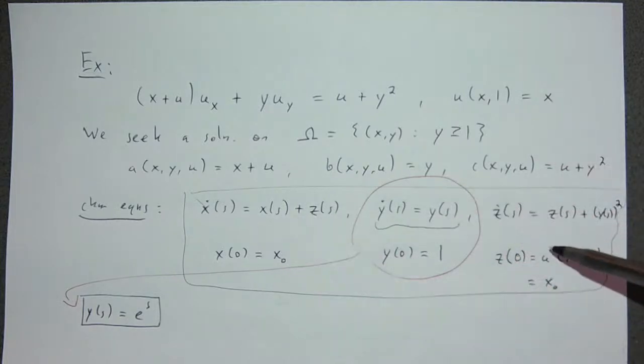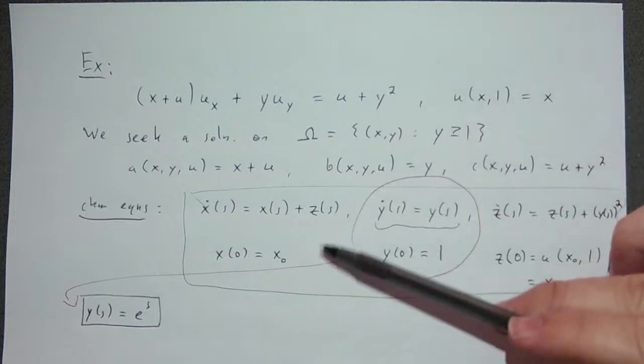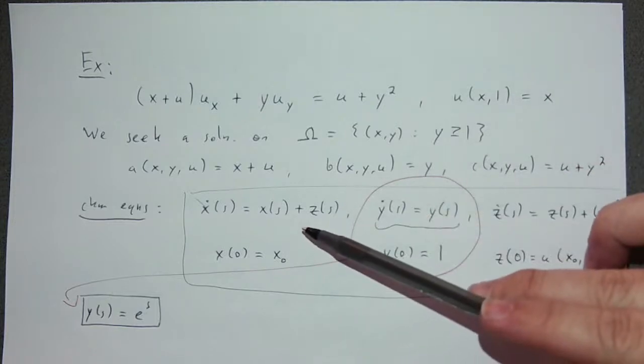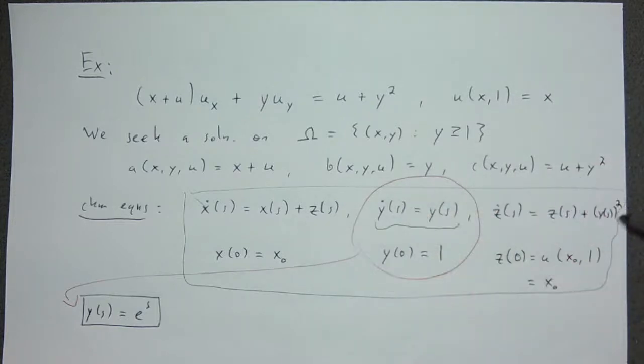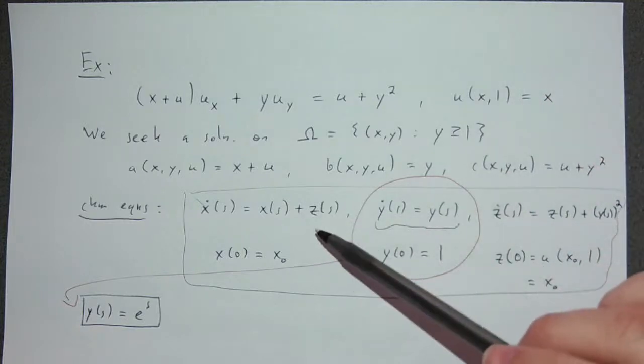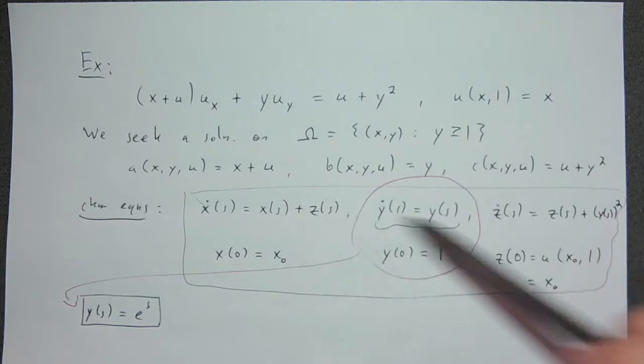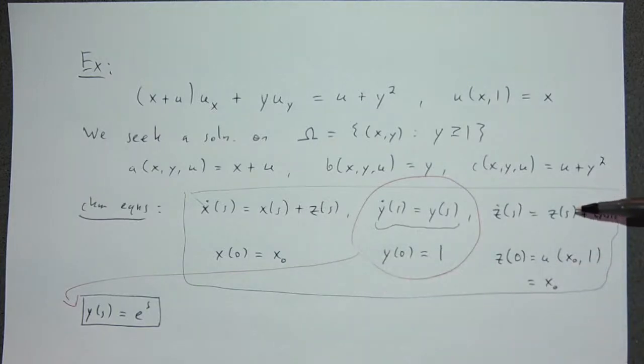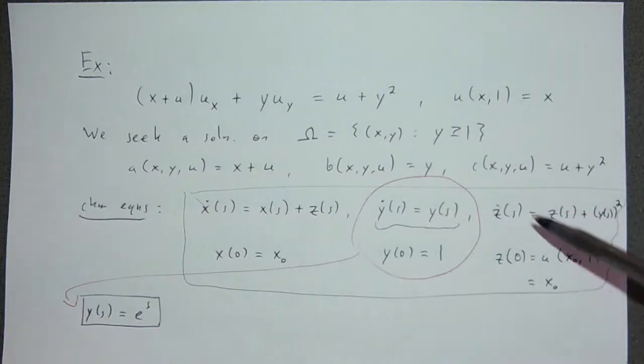So I have 2 left to do. You're looking at these and you might say, well, this one actually looks easier because this one has a nonlinear term in it. But actually, this one involves a z, which I haven't solved for yet, whereas this one involves a z and a y, but I just solved for y, so this is clearly the thing to pick here.